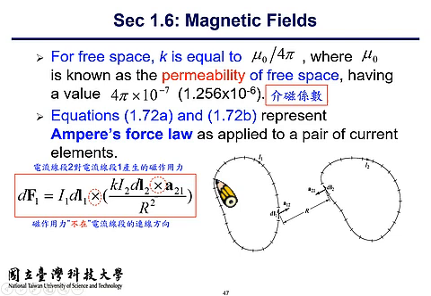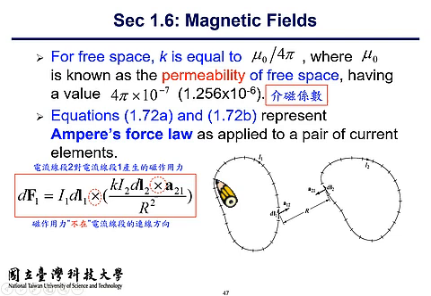So let's try again. DL1 cross A12 is pointing this way. It will give you a vector that is pointing into the screen in DL2, right?